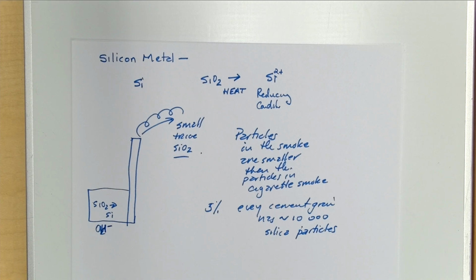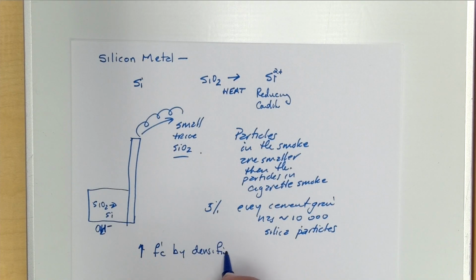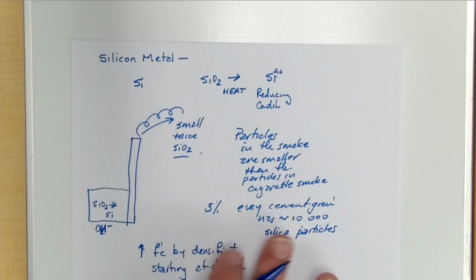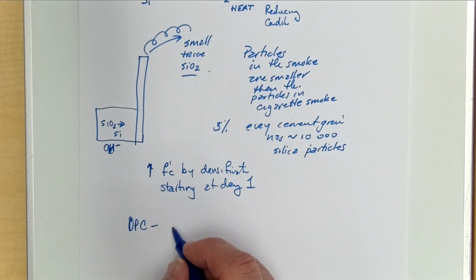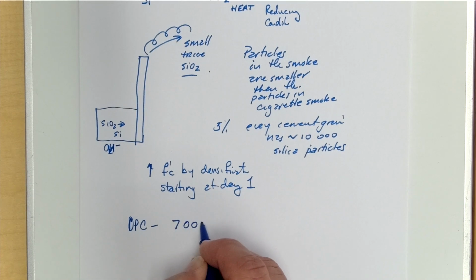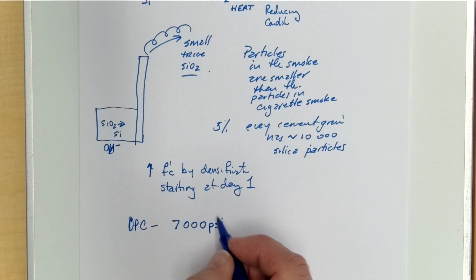We want to improve the properties of our concrete. This pozzolan, because it's so finely divided, will increase the compressive strength by densification starting at day 1. So with ordinary Portland cement, we can get concrete blended together. We can make 7,000 psi concrete without too much additional work.